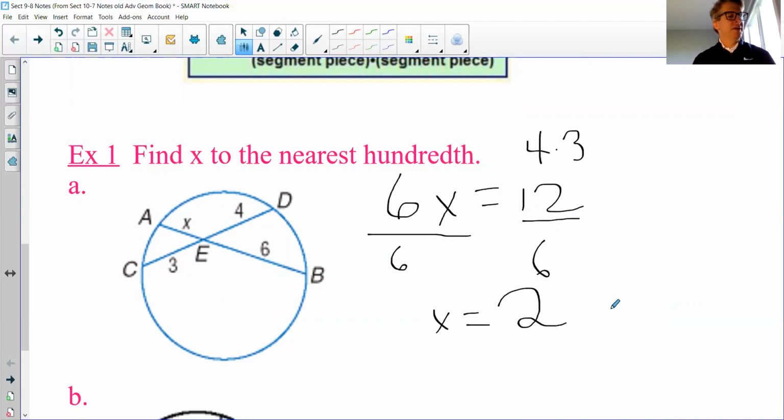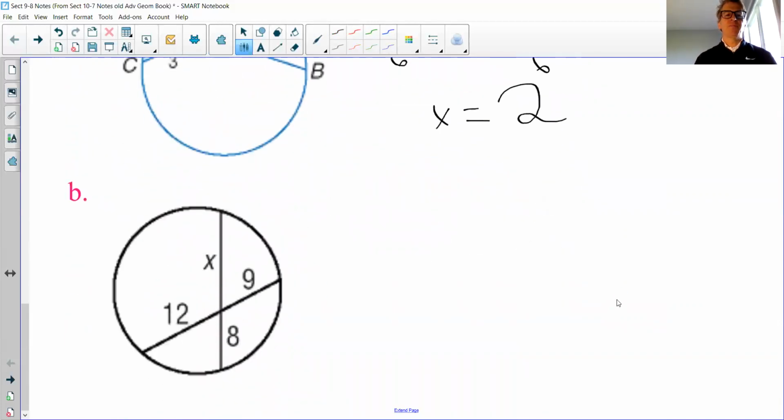Not too tough. Let's move on to b. You have 12, 9, 8, and x. So you've got 8 times x is equal to 12 times 9. 12 times 9 is 108.